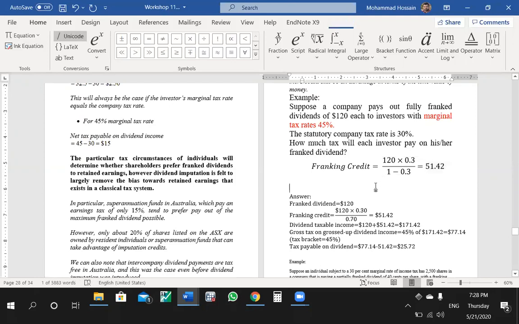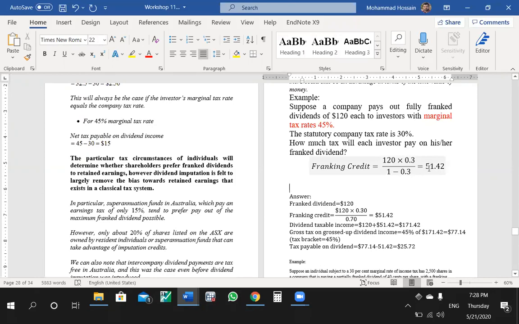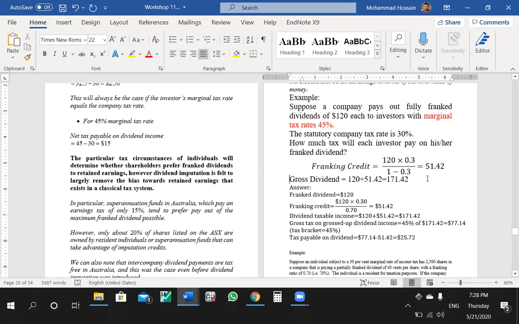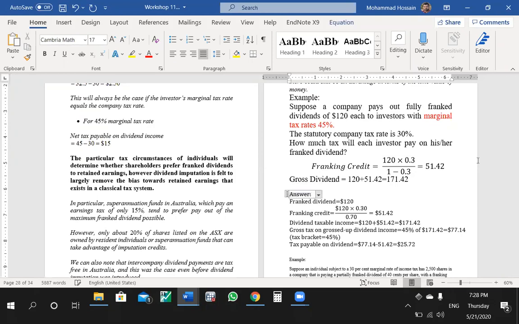Okay. So how much will be your gross dividend? 51.42 plus 120. So your gross dividend is equal to 120 plus 51.42, which is 171.42. That's your gross dividend. Okay.